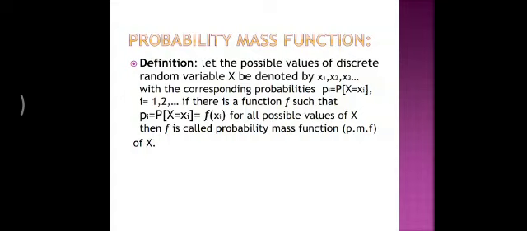But in the probability mass function there is one function which denotes the probability for all possible values of x. That function f is called the probability mass function of x.